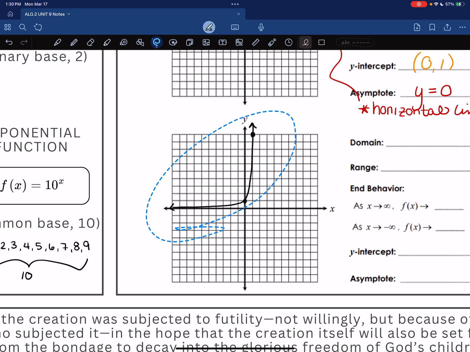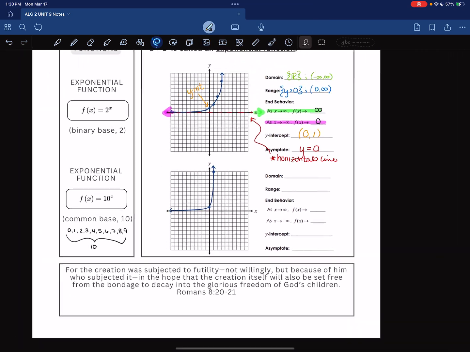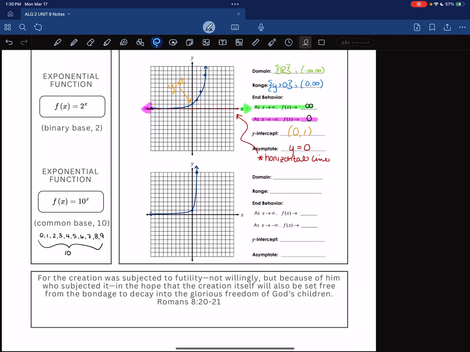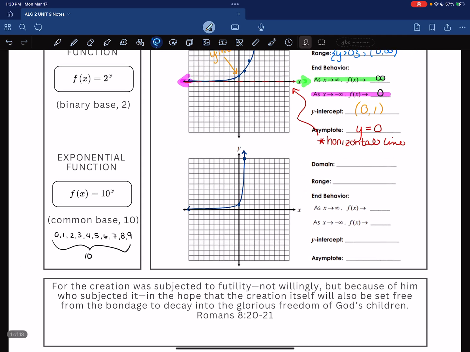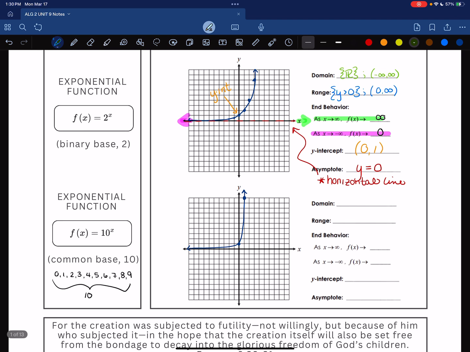I love this capability. I can change the color. I'm going to make it stand out a little bit more by putting it in blue. So let's talk about the key features here for this function. A lot alike from what we saw above. The domain of this function, those x values, well, it's fine. We can plug in any one of these values for x. You're allowed to plug in anything for x, no problem.